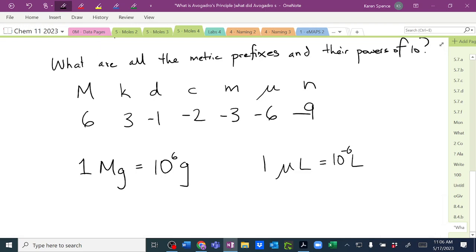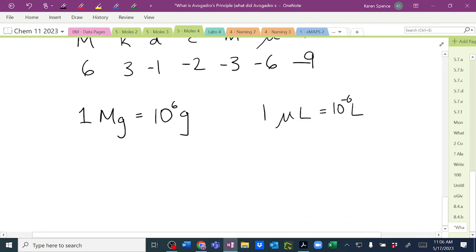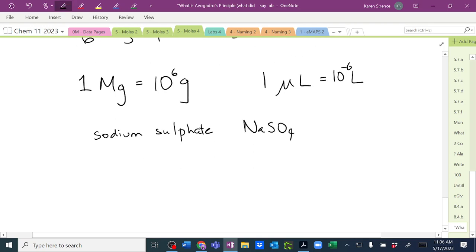You still need to know how to write formulas. A few people are forgetting to write their formulas. So, for example, we had sodium sulfate. And a few people were still writing NaSO4. But remember, when you write an ionic compound, you have to say, I have a positive ion and I have a negative ion, and I have to look up the charge of that negative ion, so the formula will be Na2SO4.